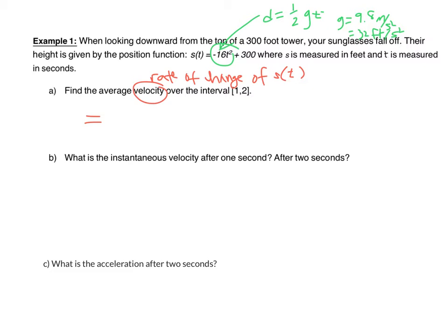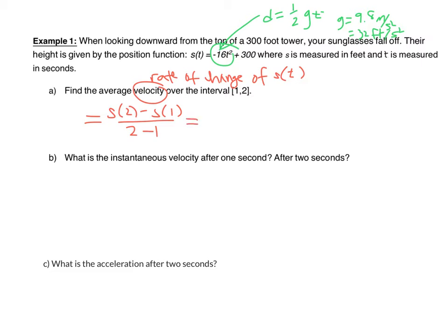So we're going to do s of 2 minus s of 1 over 2 minus 1. Please use your calculator on these types of problems, by the way. Usually you'll get a calculator on this type of thing. You don't generally have to do big numbers by yourself, by hand.